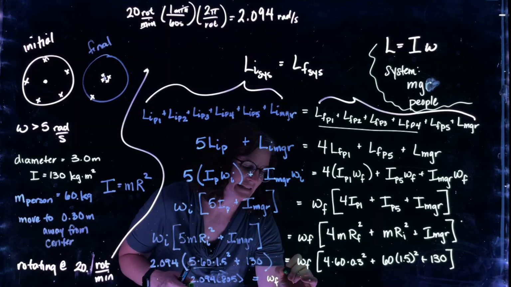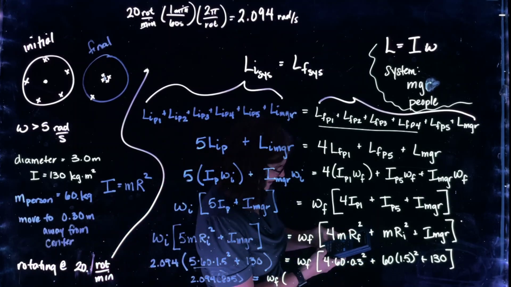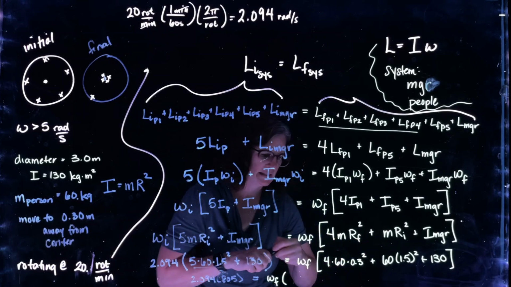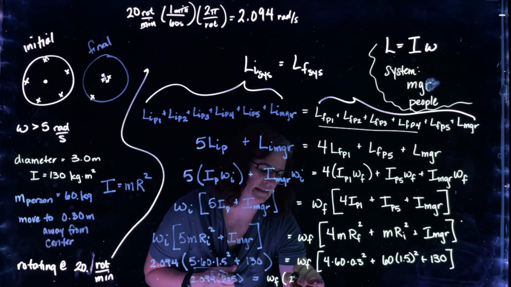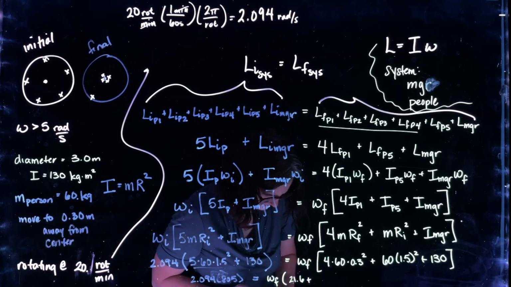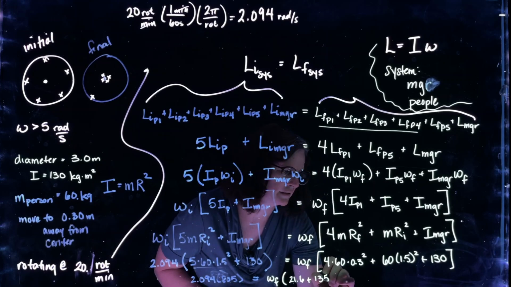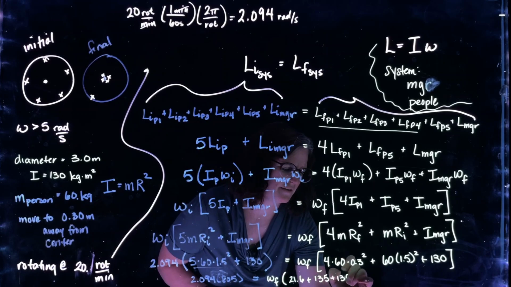W final times, let's see what this one is. So we have 4 times 60 times 0.3 squared. This is 21.6 plus 60 times 1.5 squared, 135 plus 130.